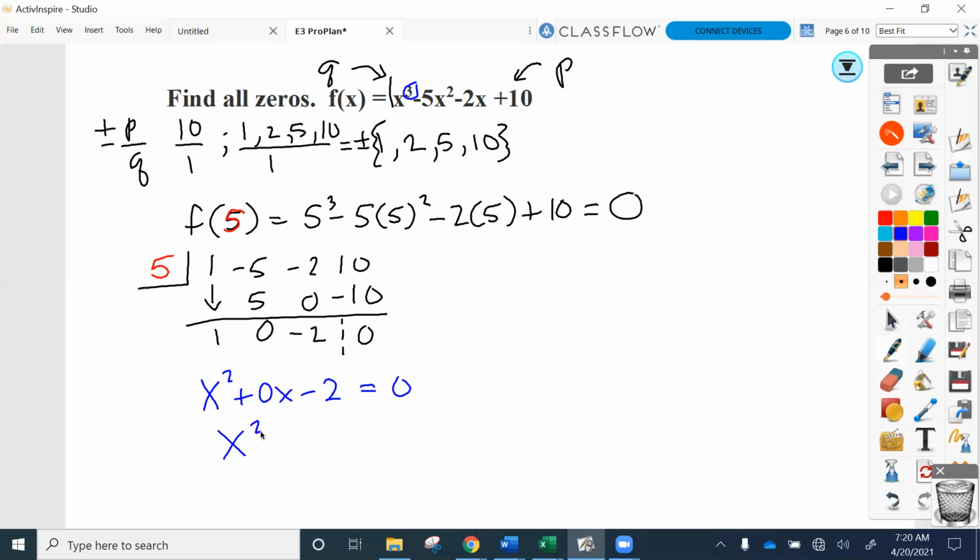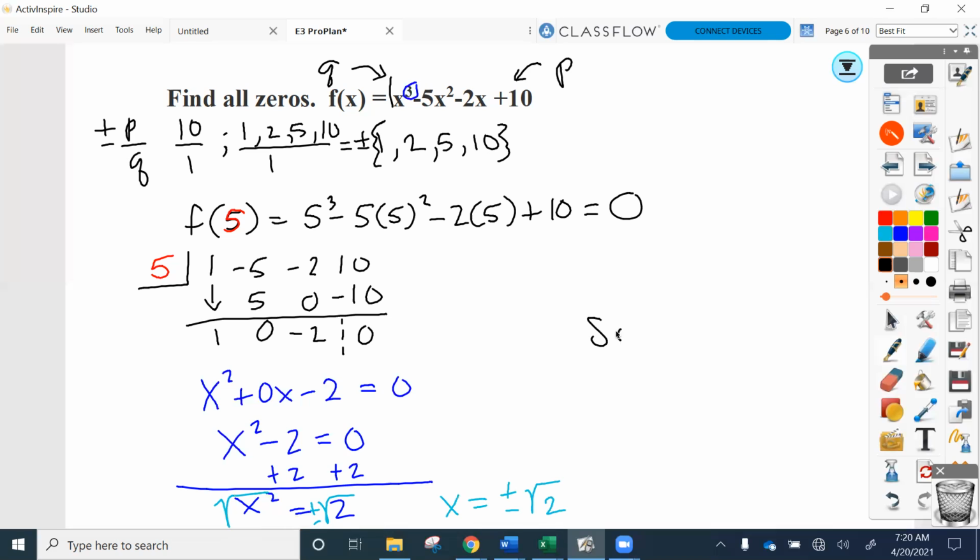This is the same thing as x squared minus 2. So we can add 2 to both sides to get x squared equals 2, and we can take the square root of both sides. This looks very familiar. So we have x is equal to plus or minus the square root of 2. So our three solutions, I should say, are the 5 from the p over q and plus or minus root 2.